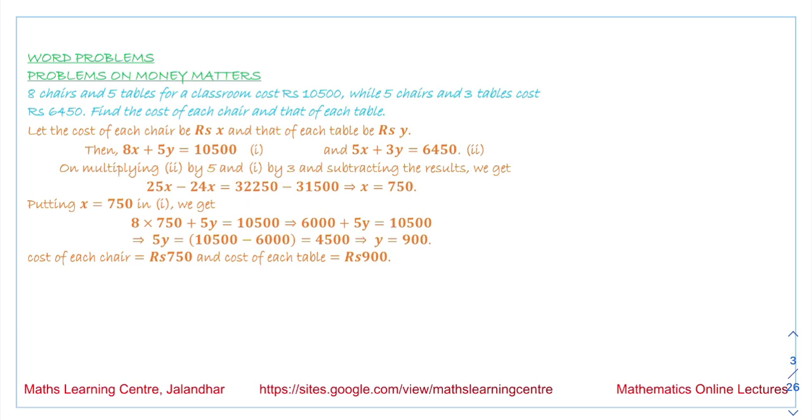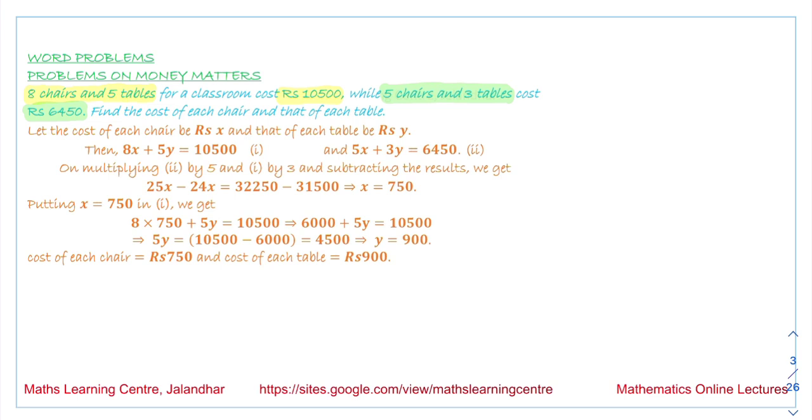Suppose it is given that 8 chairs and 5 tables for a classroom cost rupees 10,500. Then 5 chairs and 3 tables cost rupees 6,450. You have to find the cost of each chair and each table.